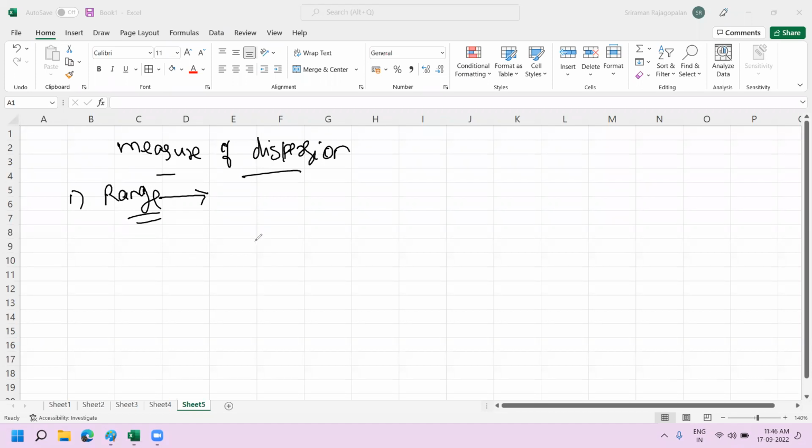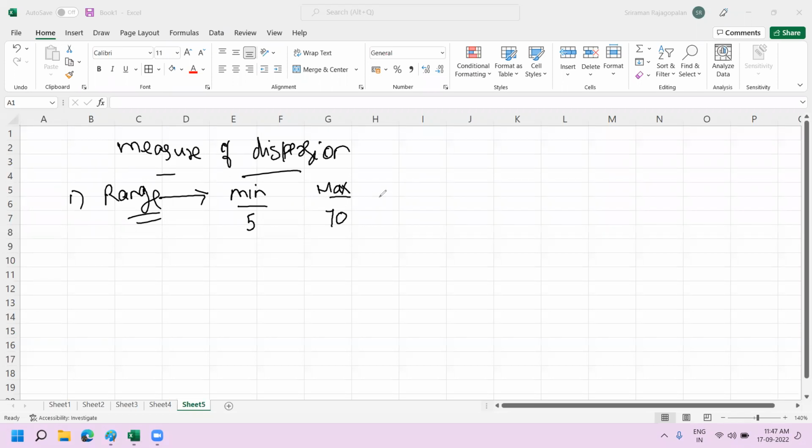So range is calculated by taking only two values. What are they? The minimum value and the maximum value. So if I say that my minimum value is 5 and the maximum value is 70, the range is 65.